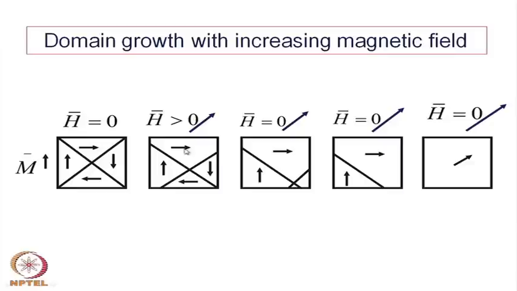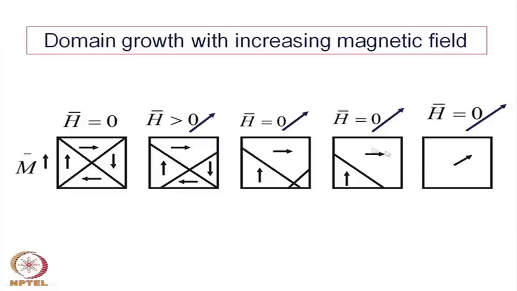You can see this has grown, this has further grown, whereas the other 3 are slowly disappearing, or the area of those domains is reducing, whereas the other area is increasing. So, it is not that completely new domains are generally created, but the existing domains, some of them grow at the expense of the others depending on their original orientation.